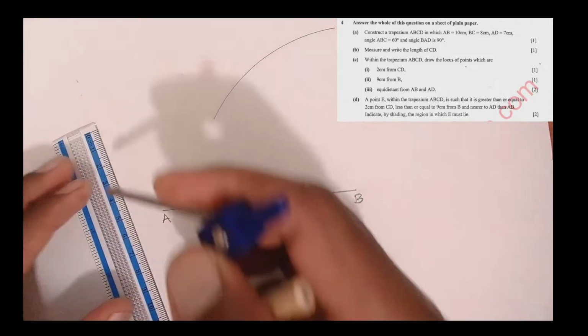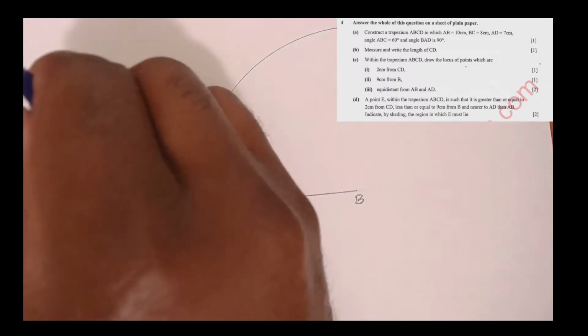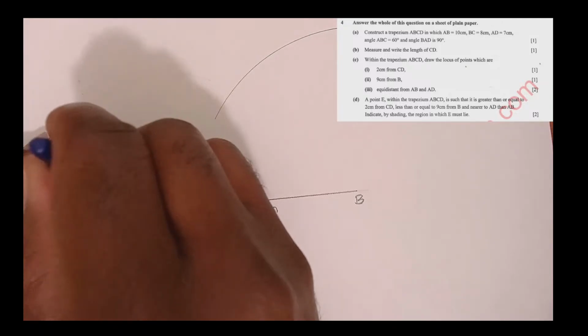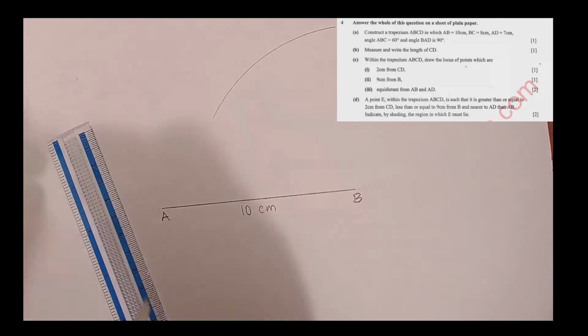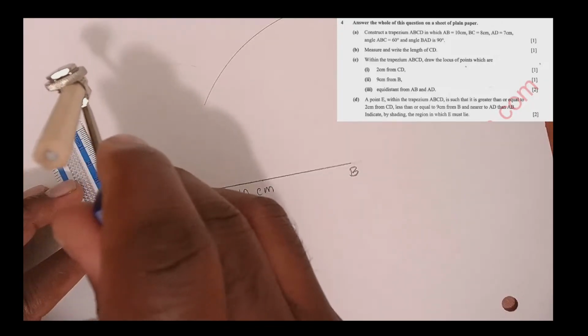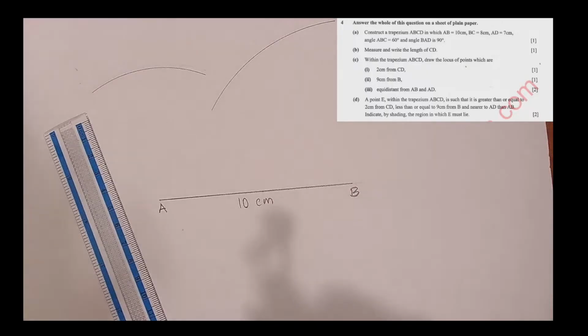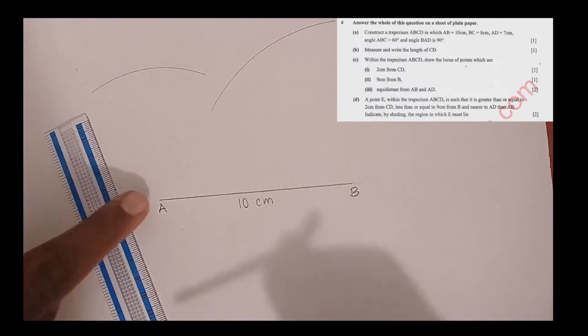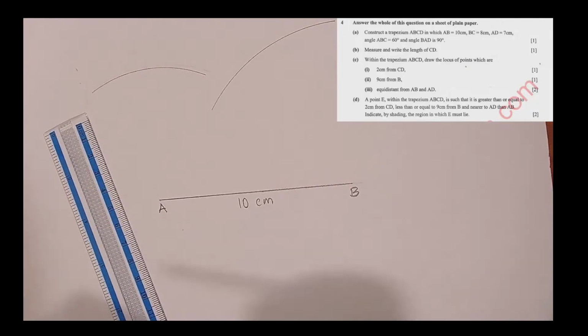You can see this is not 7 centimeters anymore. So let's do that. So this is 7 centimeters. Then I put it on this point right here, and then draw an arc like that. So I'll make sure I won't draw another one again so that it doesn't move. Okay, so I know that from A to any point on this arc is 7 centimeters.